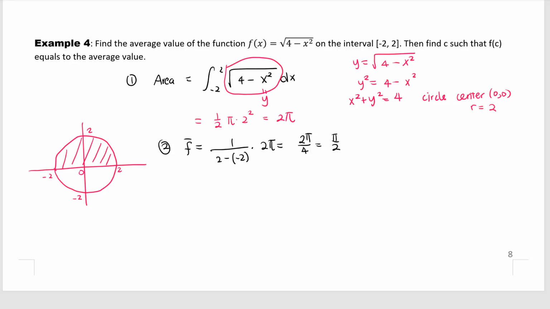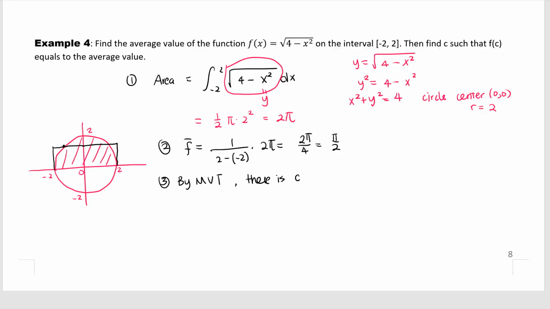So pi over 2 is like 1.7 something. So it's like here. Okay, I don't want to put too many lines there. Okay, so the third step, by the mean value theorem, we know there is a c.